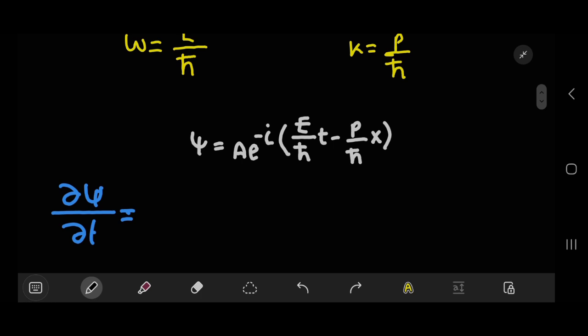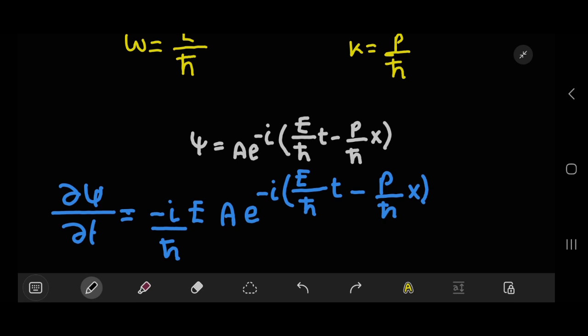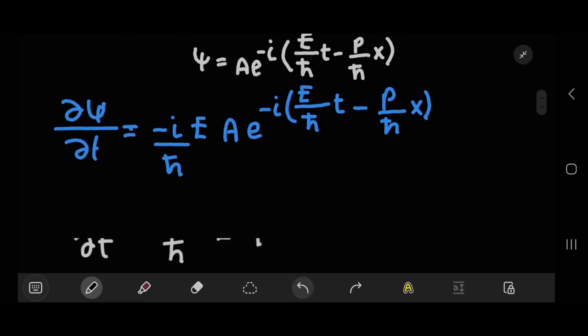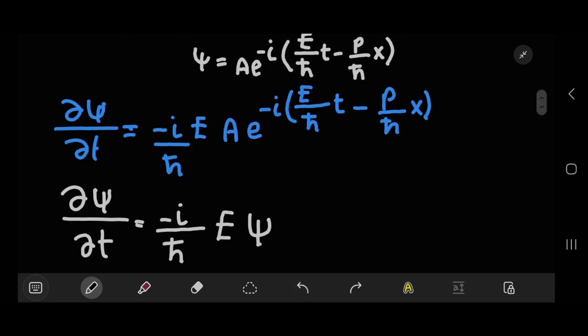Next, we'll get the partial derivative of psi with respect to t. We'll get −i/ħ E A e^(−i(E/ħ t − p/ħ x)), and that equals −i/ħ E, which is the energy, times psi.